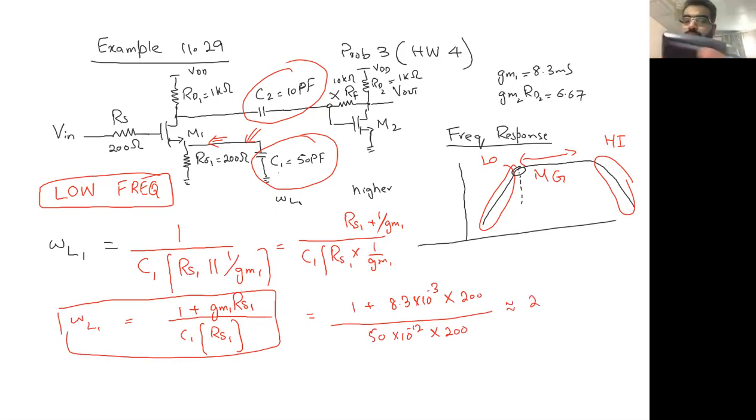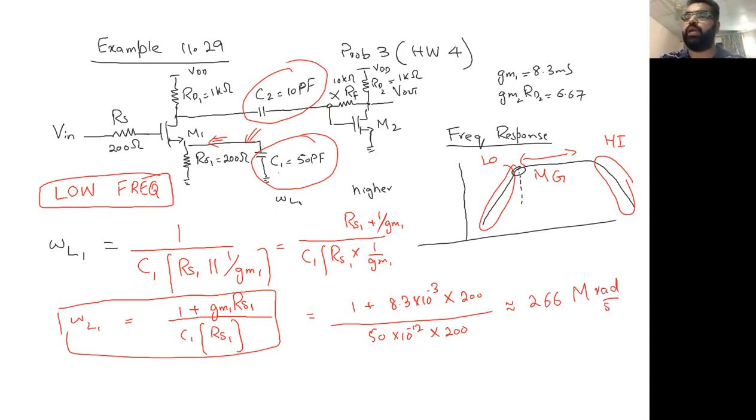Let me just do this quickly. So this will be equal to 266 mega radians per second.